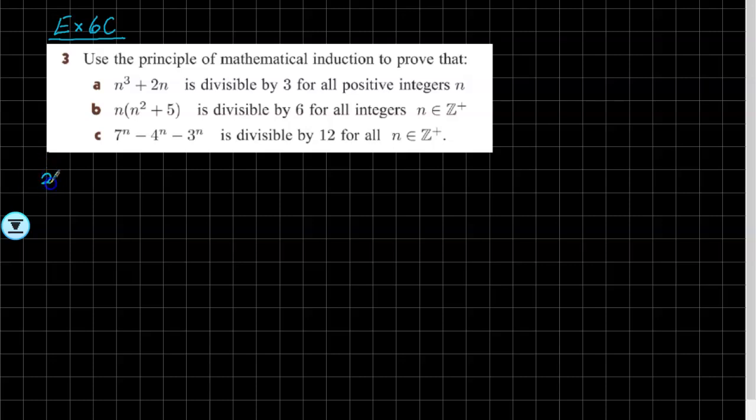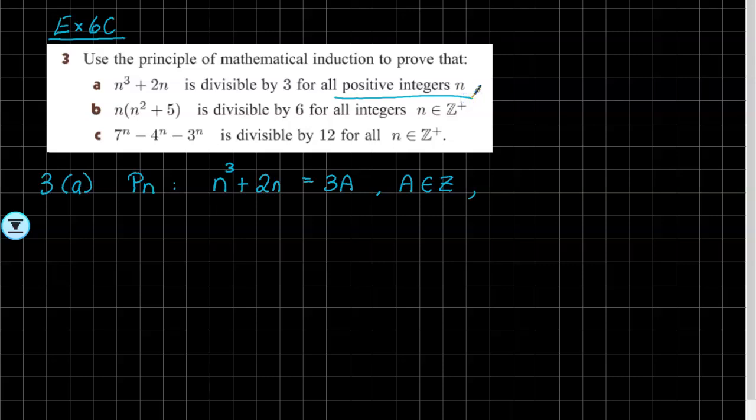All right, so 3A. You can write your statement. Okay, all positive integers.